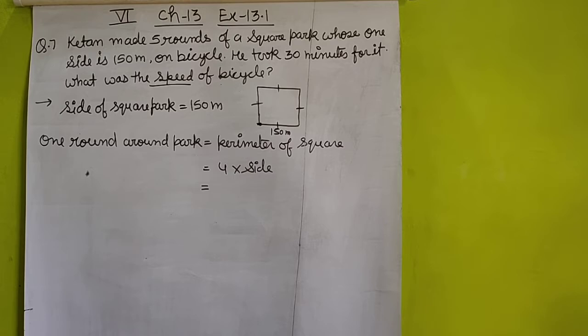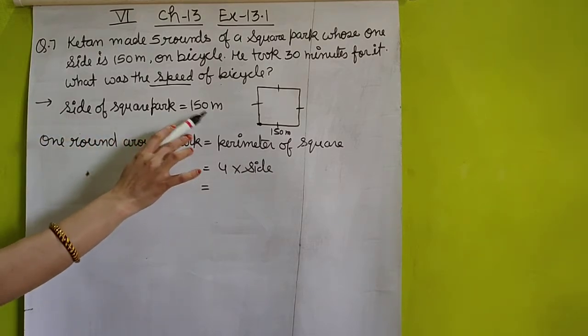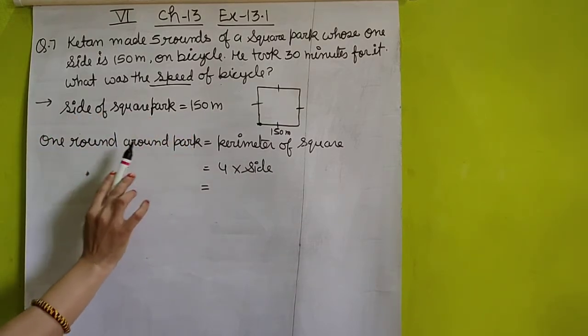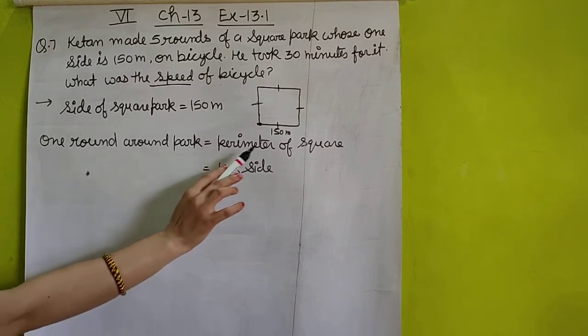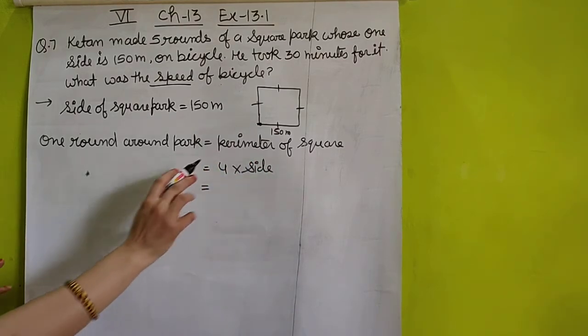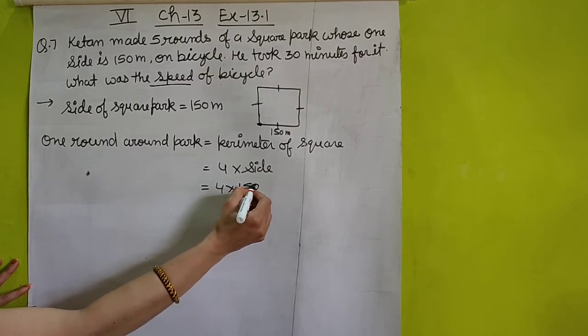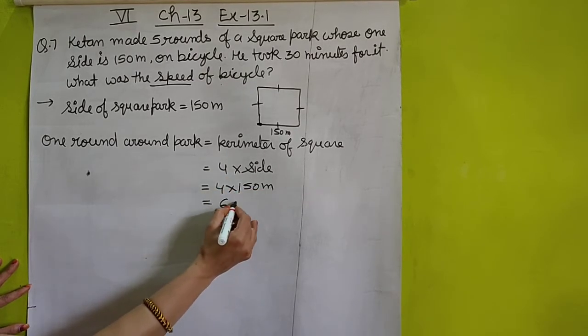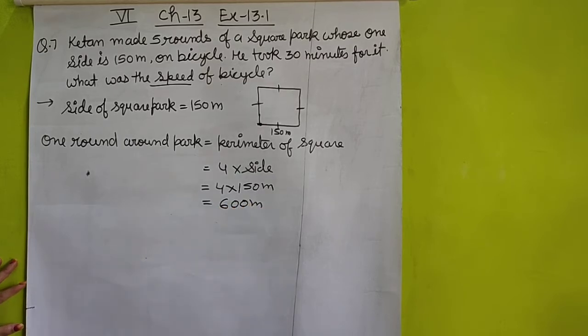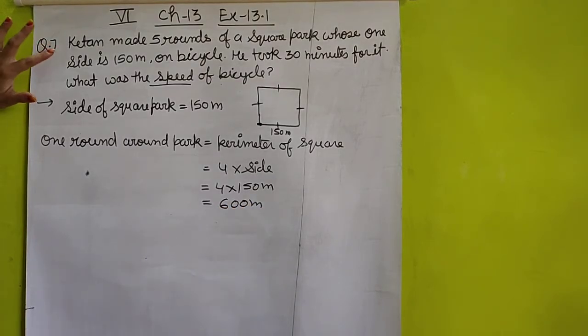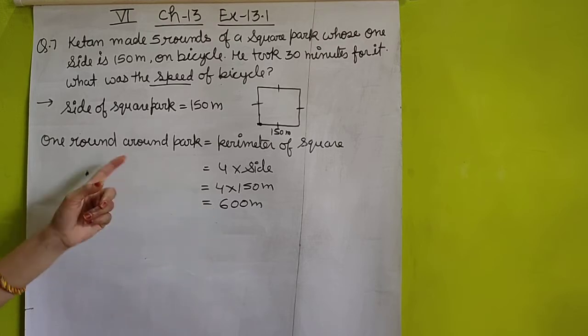Now, side of the square park is equal to 150 meter. One round around the park is equal to the perimeter of the square. Perimeter of a square is 4 multiplied by side, so 4 multiplied by 150 meter will be 600 meter. So Ketan covered a distance of 600 meter in one round.